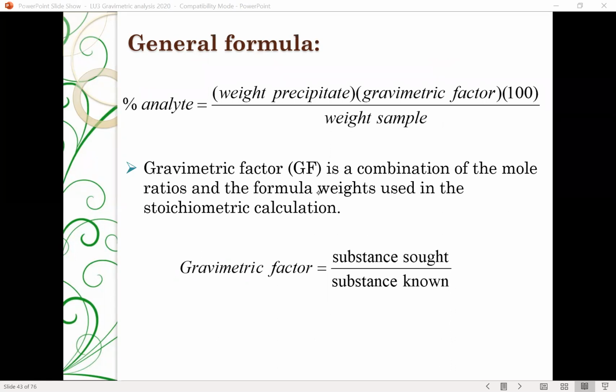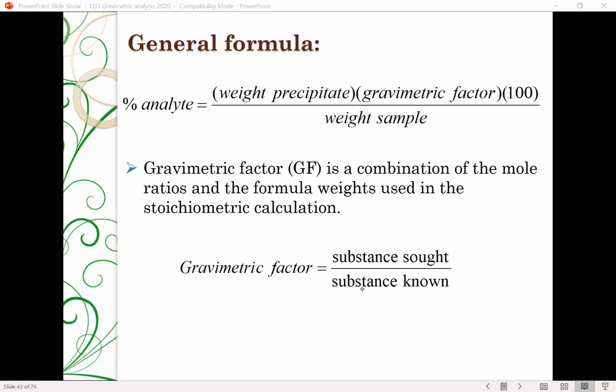The gravimetric factor is a combination of the molar ratio and formula weights used in the stoichiometric calculation. In this case, gravimetric factor equals the substance sought divided by the substance known. Substance sought means that we don't know yet the mass of this substance, but for the substance known, we already know its mass.